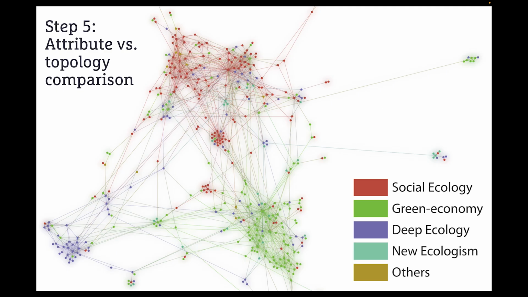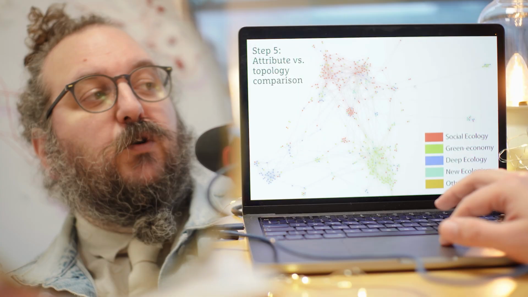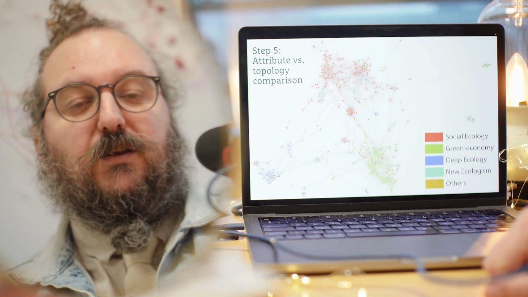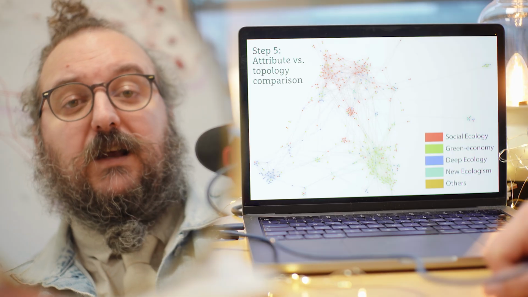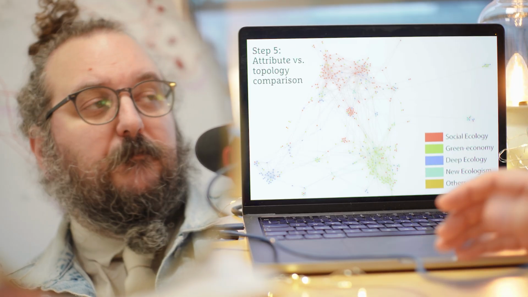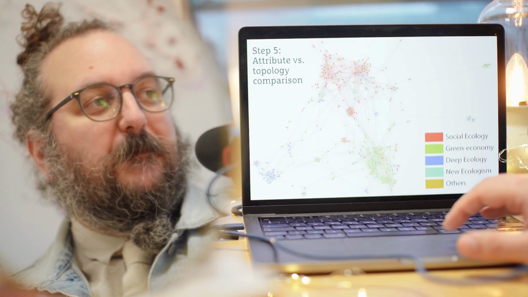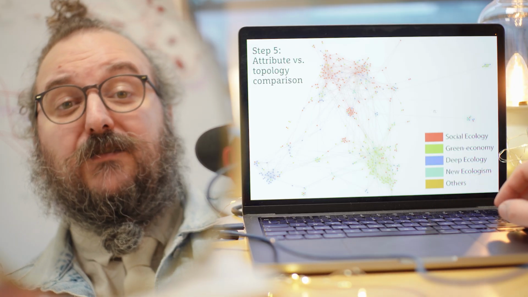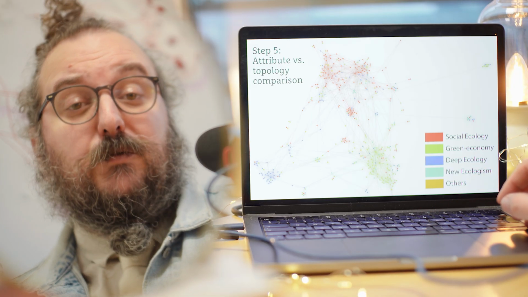So we could be moving towards naming the clusters after their content. We could say, okay, A is the social ecology cluster, and B is in fact the green economy cluster, and so on. If you want to communicate your network to a reader, you may rather use explicit names like those than ABC.